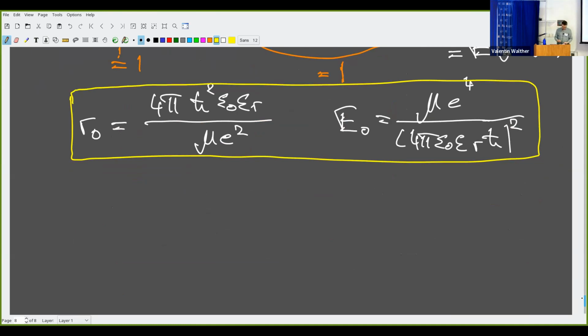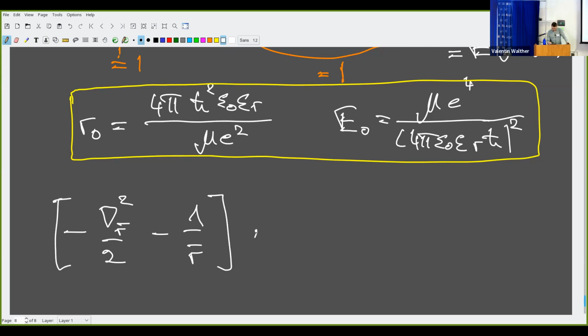Okay. So now what we're left with is a scale invariant, or dimensionless equation that looks really simple. So you just have a kinetic energy term, and what remains of the Coulomb potential.